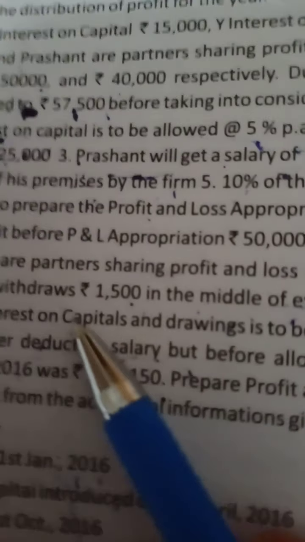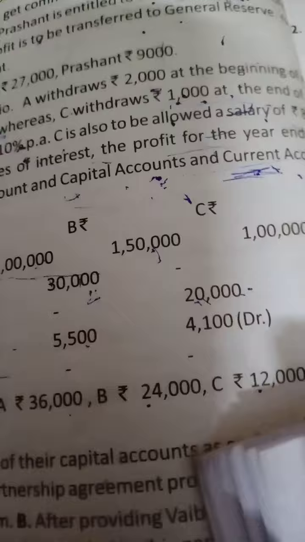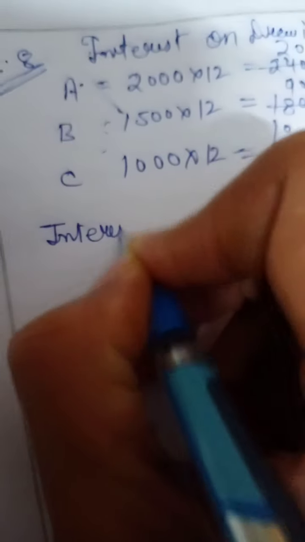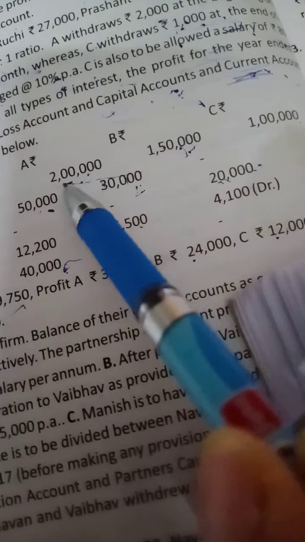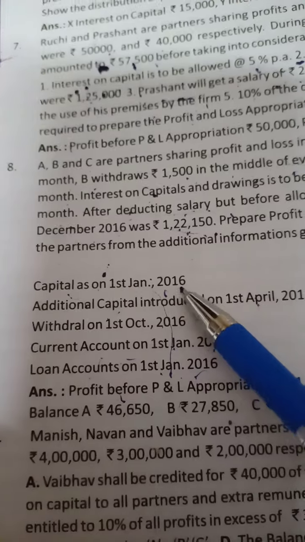Then we come to the second point, interest on capital. Interest on capital is always calculated on the opening balance of the three partners' capital.